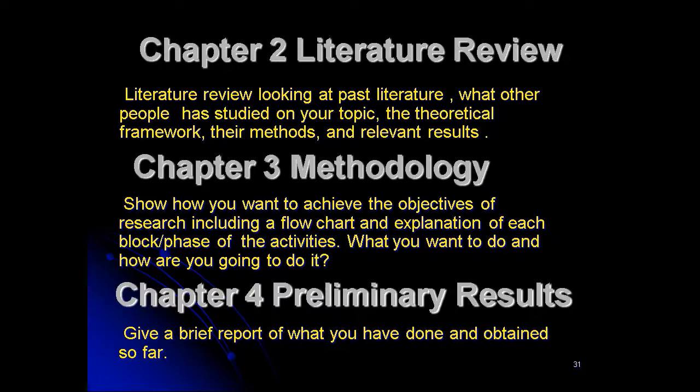But literature in chapter 2, you are going to look at very detailed what other people have done on your topic, on this particular problem that you've chosen. So maybe you want to look at the theoretical framework, all the theories, equations, and so on that they use, the methods that they use, and also the relevant results that might be helpful in developing your own methodology.